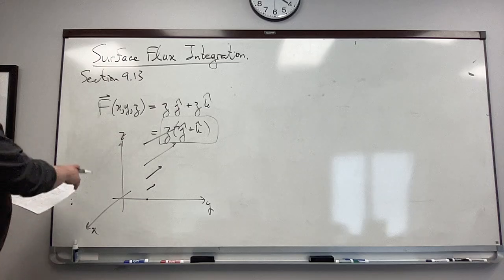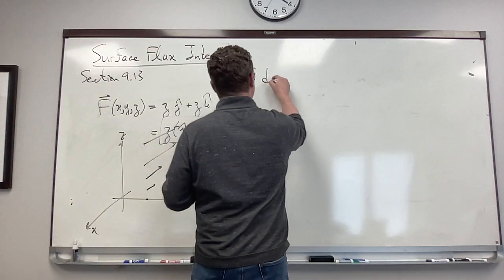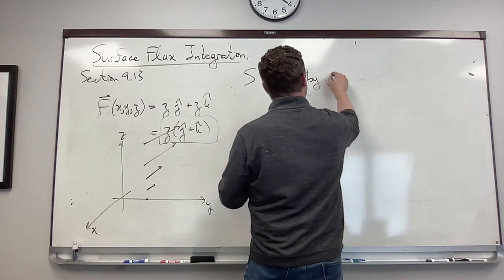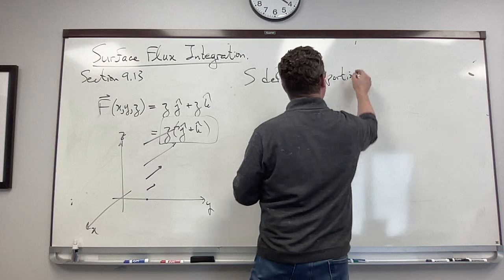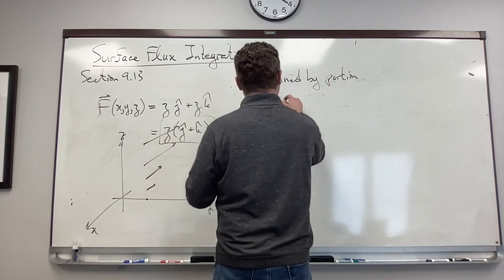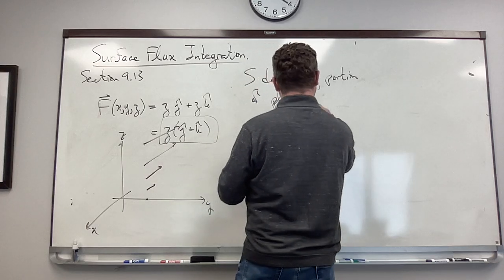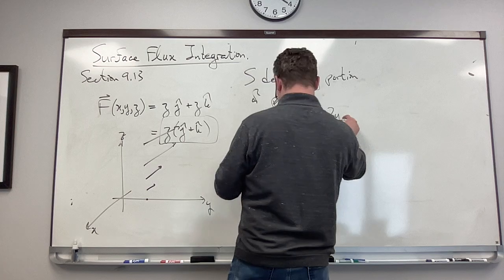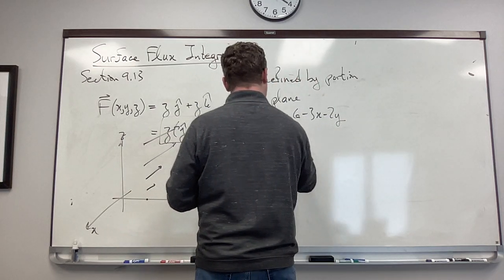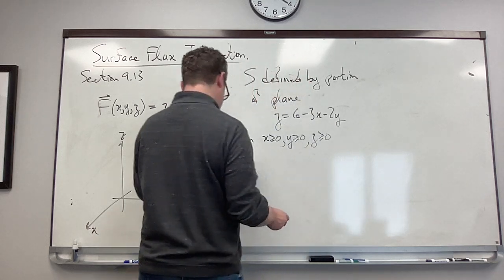The question says, we've got this vector field, and we have some surface defined by, this is how it would be said, the portion of the plane z equals 6 minus 3x minus 2y in the x greater than or equal to 0, y greater than or equal to 0, z greater than or equal to 0 region.